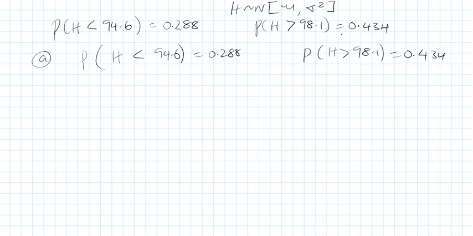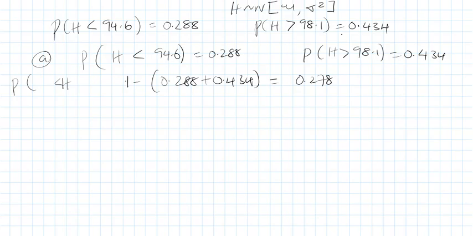So part A is 1 minus the probability of H being less than 94.6 and being greater than 98.1.